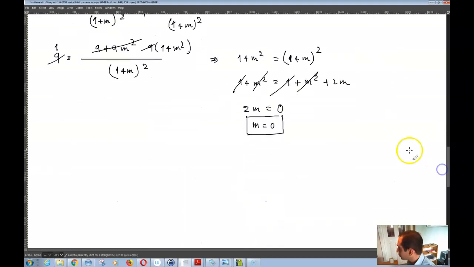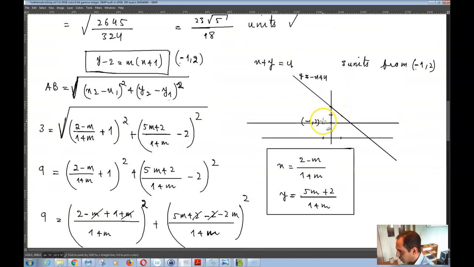So that's basic, but of course there is some other answer in the book which must give you something like m is undefined, and that means that basically the line is parallel to the y-axis as well.